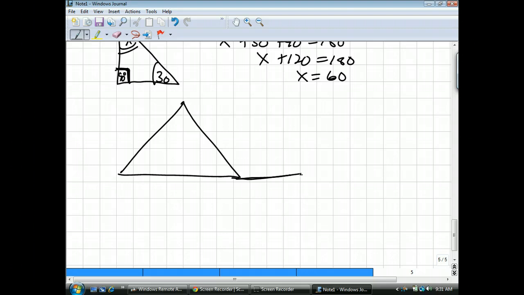When I extend that side, I create an angle. Okay. And this angle is outside of the triangle, so it is called an exterior angle. Okay, so an exterior angle is an angle formed when one side of the triangle is extended.